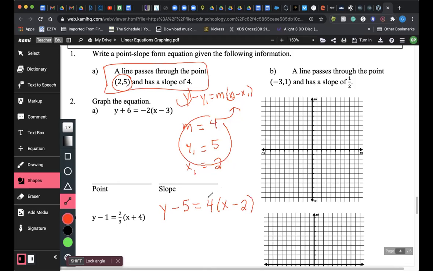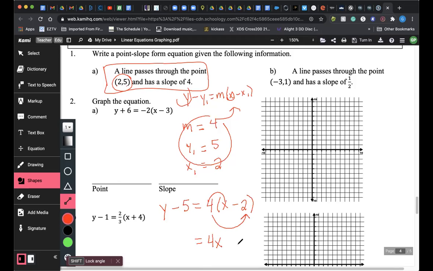Now I have to distribute my 4. That means I have to multiply the 4 to both of the things inside the parentheses. So I have to do 4 times x, and I also have to do 4 times negative 2. What's 4 times x? 4x. Good.